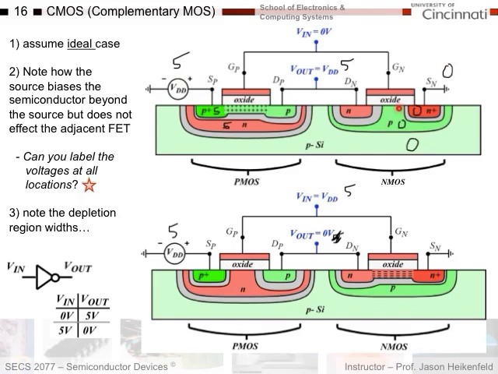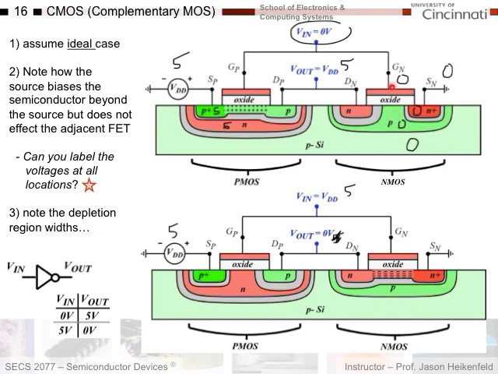So, at my gate, you know I've got 0 volts, right? Because my input was 0 volts. Well, if I've got 0 volts here and 0 volts here, my net voltage drop across my oxide is 0 volts. Well, of course, if I've got no voltage on an ideal MOSFET, then it's not going to turn on, right?